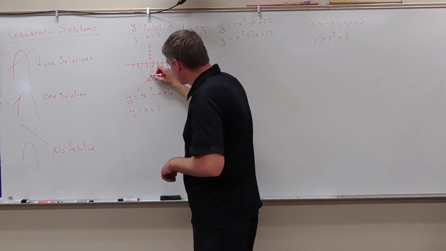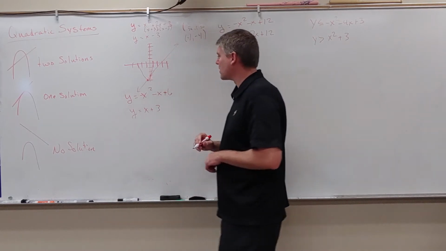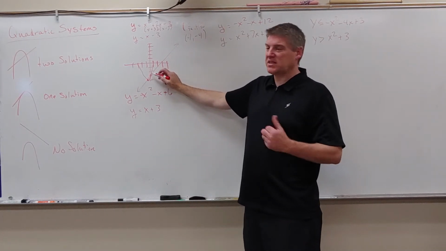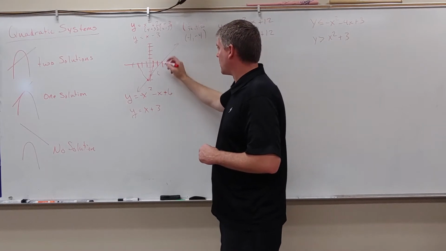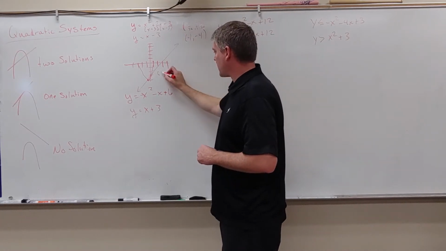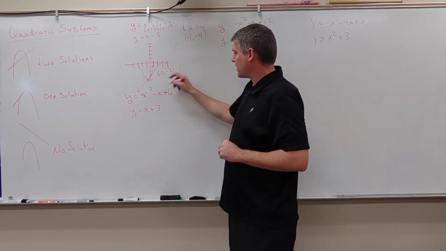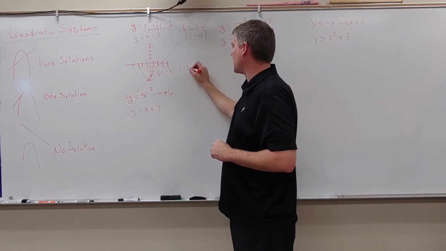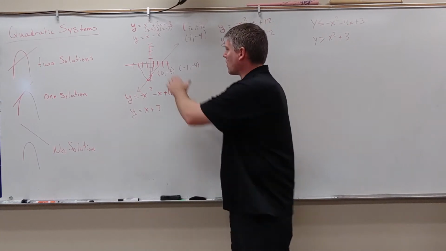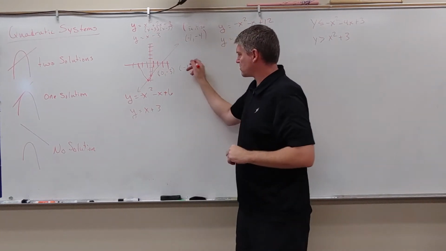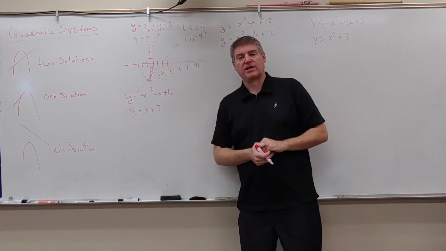And so my points of intersection are here and here. Well, you can see that I have a little bit of error here. So I know that this is -3 and -3. So I know 0, -3 is my point of intersection because that's my y-intercept. And then it looks like I'm right at my vertex. So -1, -4, which satisfies this one. So there's my 2 points of intersection.